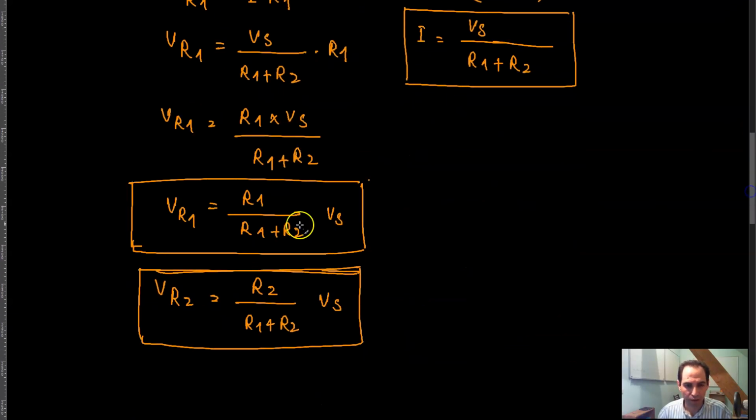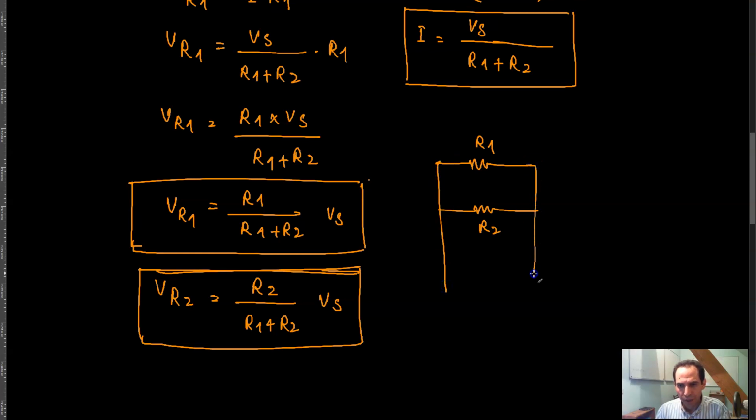In a parallel circuit, of course, this kind of thing never happens. If you had two resistors, suppose this is R1 and this is R2, and you connect them in parallel to a power supply V of S, then V of R1 would be equal to V of R2 would be equal to V of S. All of these voltages are electrically common.